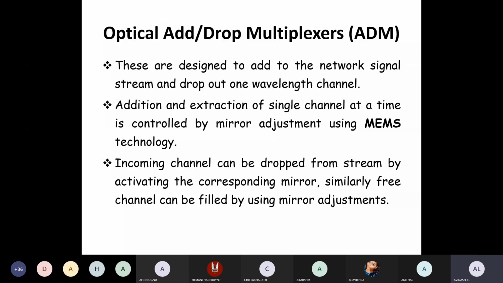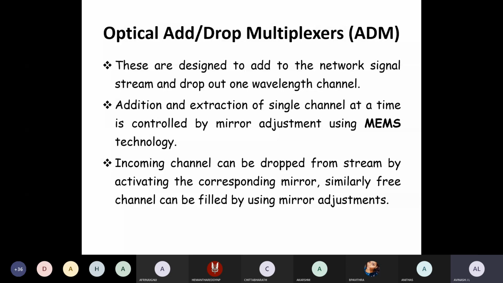That means we want to drop one signal and add another signal, and that provision is available. Okay, that is exactly the meaning of optical add or drop multiplexers, ADM. Addition is also possible, deletion is also possible.